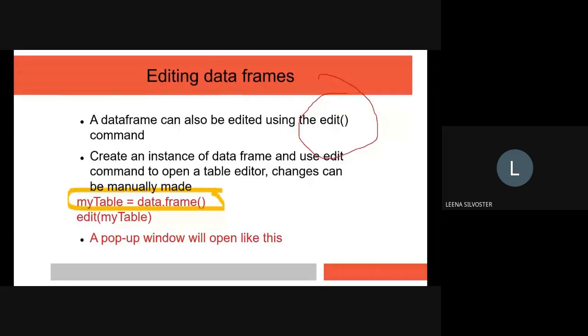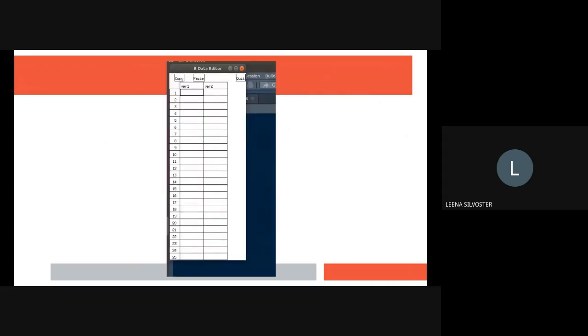Actually, we are trying to create a table manually. After issuing these two commands, a pop-up window will open as follows. So you can edit the data frame manually. You can add the values to each and every cell present here.